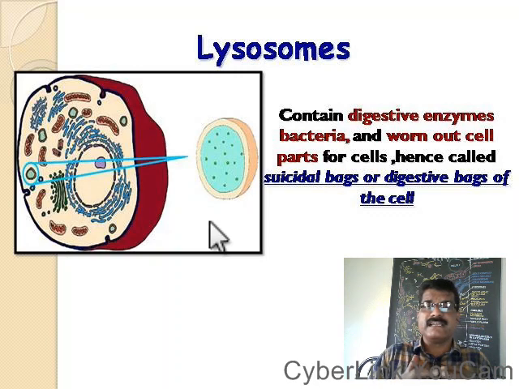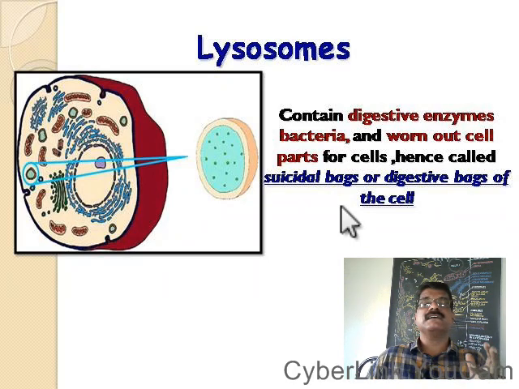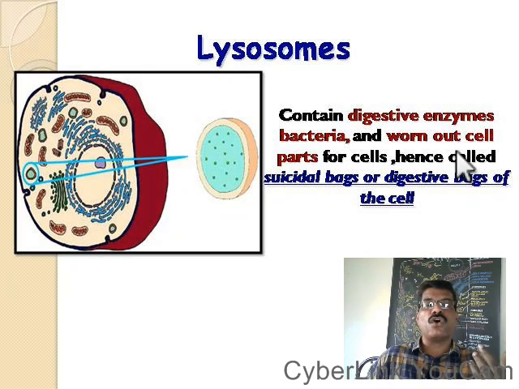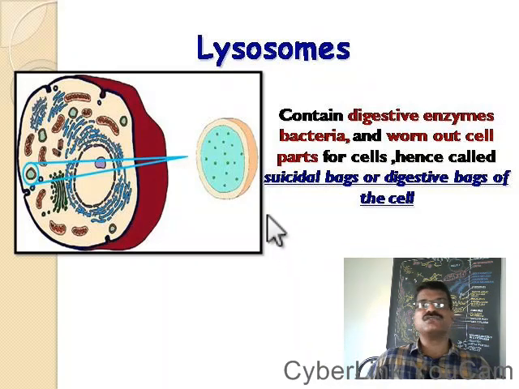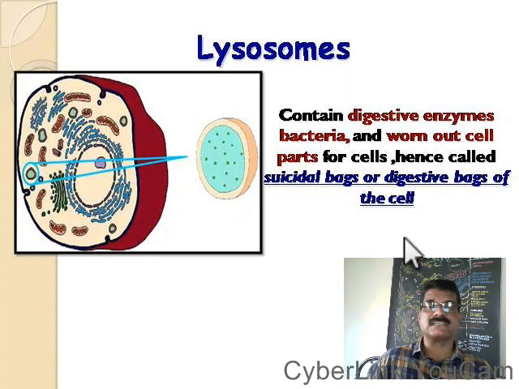Or if any cellular organelles are damaged, or the lysosome itself is damaged, it secretes a digestive enzyme and it will remove the foreign substance or remove the worn out cellular part. The damaged cellular parts will be removed by the enzyme produced by the lysosomes. Hence, lysosomes are called the suicidal bags, or the digestive bags of the cell.